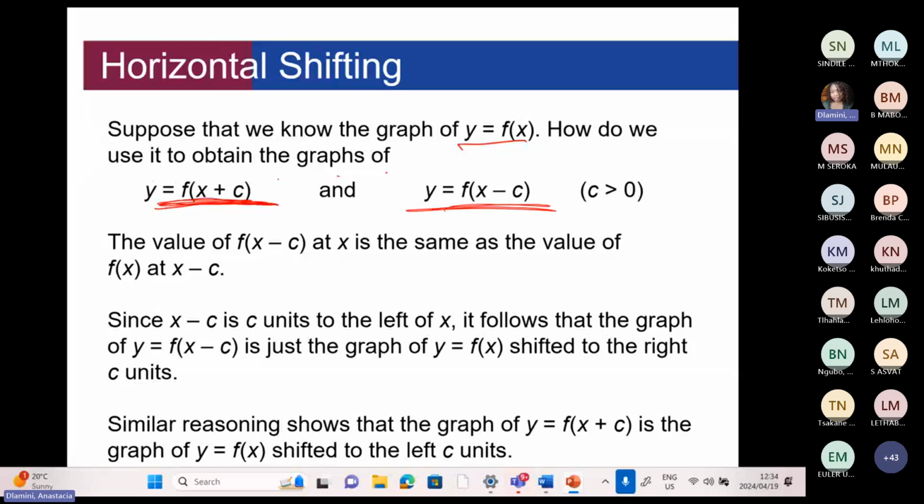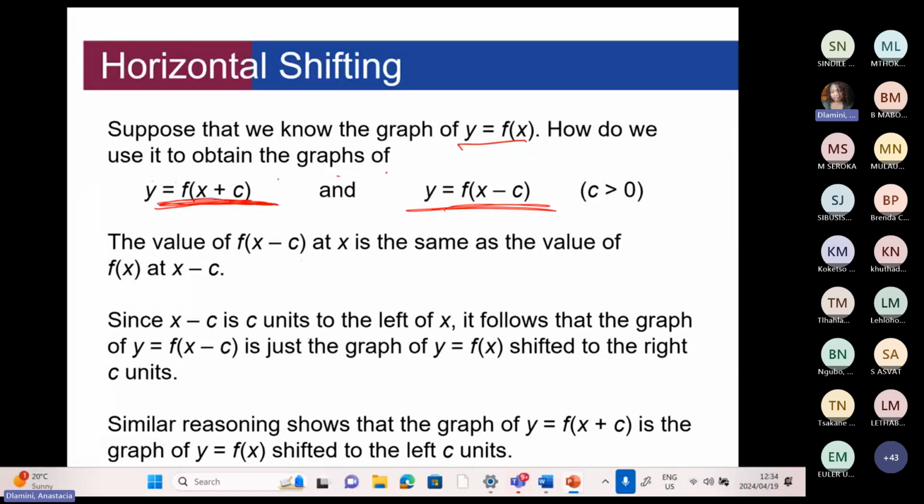So they're saying the value of F of X minus C at X is the same as the value of F at X minus C. Since X minus C is C units to the left of X, it follows that the graph of F of X minus C is just the graph of F shifted to the right C units.